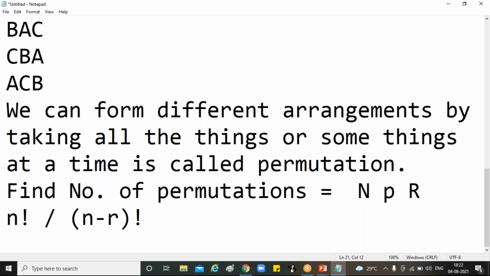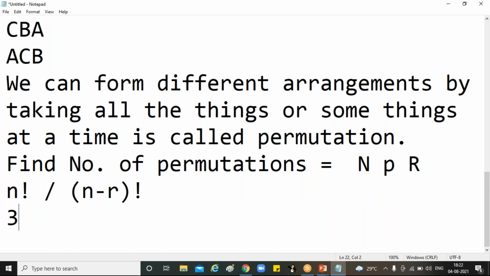Understood, all of you? For example, they are giving three things. If we want to use only 2 letters at a time, the number of arrangements is 3P2. We don't care whether it is AB or BC or CA, but the number of arrangements is 3P2.